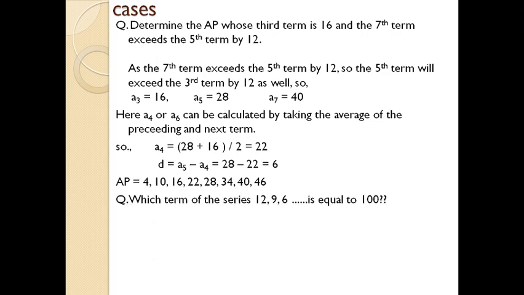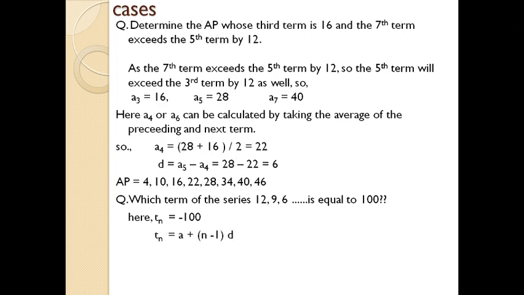Okay, next case. Which term of the series 12, 9, 6 is equal to minus 100? Here the series is going in a decreasing trend, and equal to 100 means it will be minus 100. It's quite normal, because the numbers are decreasing and will finally lead to a negative number. Then Tn is minus 100.